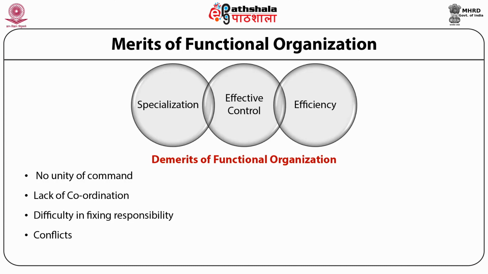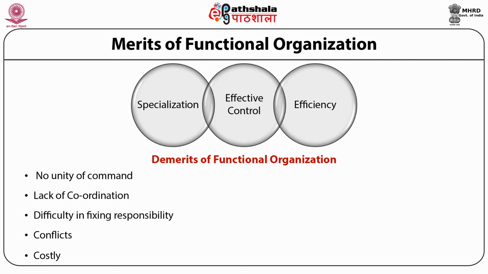They may think themselves superior to each other and may indulge in leg pulling. Moreover, staff experts get more importance in functional organization. This may distress line authorities. Fifth, maintenance of specialist staff is expensive for the concern. So this kind of organizational structure is costly.